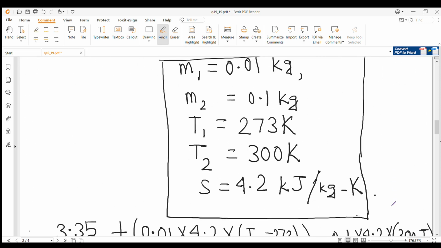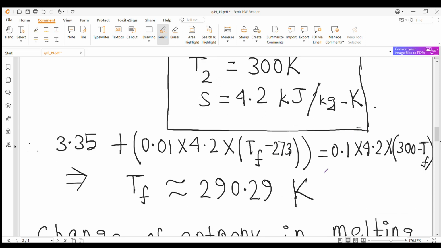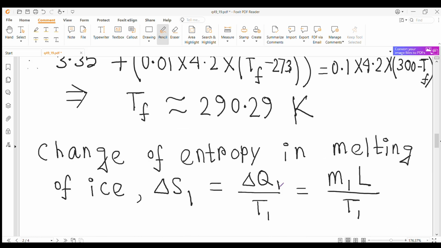Here m1 is equal to 0.01 kg, m2 is equal to 0.1 kg, T1 is equal to 273 Kelvin, T2 is equal to 300 Kelvin, and the specific heat S is equal to 4.2 kilojoule per kg into Kelvin. Putting these values and after doing some simplification, we finally obtain that the final temperature is equal to 290.29 Kelvin.